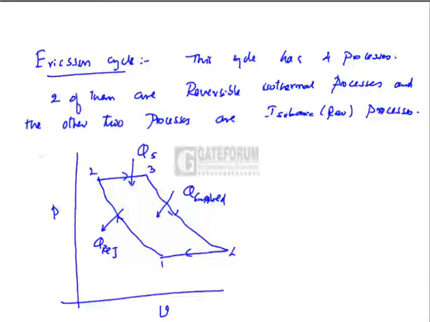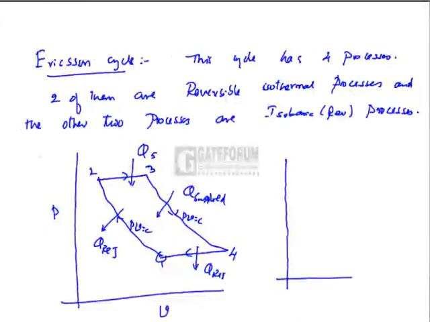And 4 to 1 is isobaric heat rejection, reaching back to the initial state. So 1 to 2 is isothermal, 3 to 4 is isothermal, that is PV is equal to constant. 2 to 3 is isobaric and 4 to 1 is also isobaric.